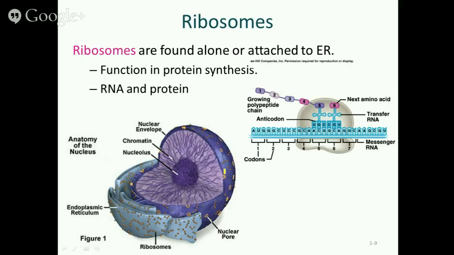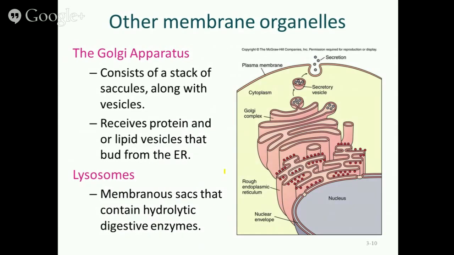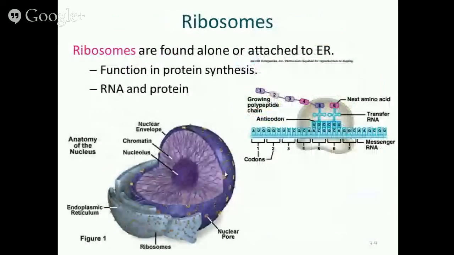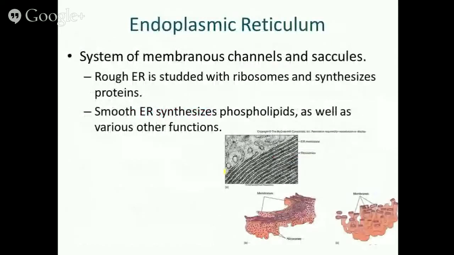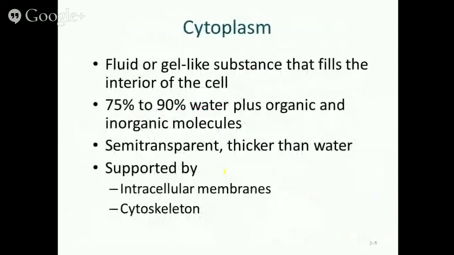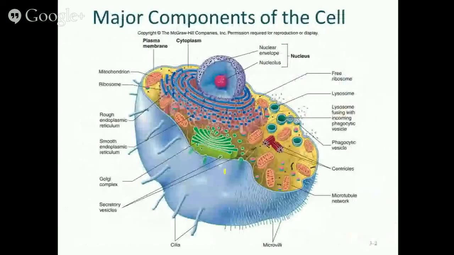Okay, any questions about this? Okay, so the way we kind of describe things is we move out from the inside of the cell. So we start with the nucleus, okay, and then we're going to move out to these structures here.